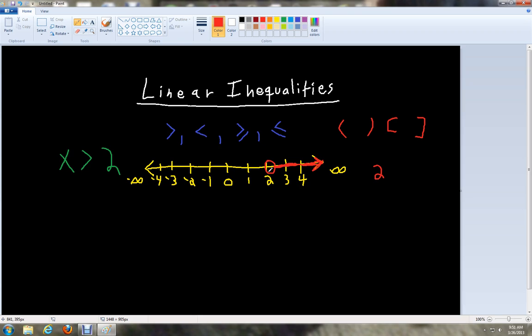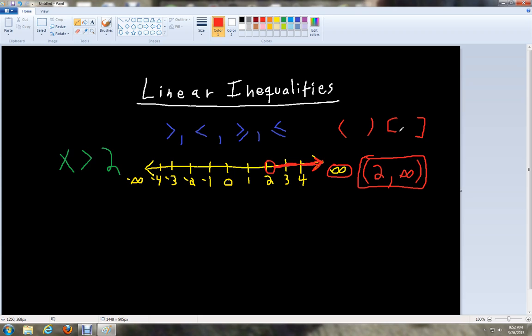Since we're not including the value 2, we use a parenthesis, then a comma, and then we go all the way to infinity. Since infinity is just a very big number, we also use parentheses for that. So it'll be (2, infinity). This is called an open interval, because we don't include the endpoints, the 2 and the infinity.